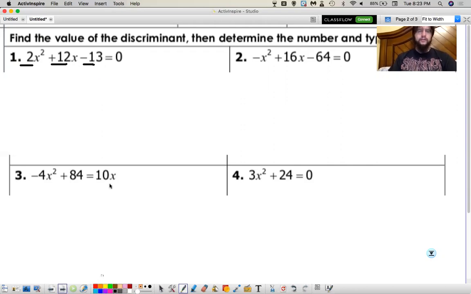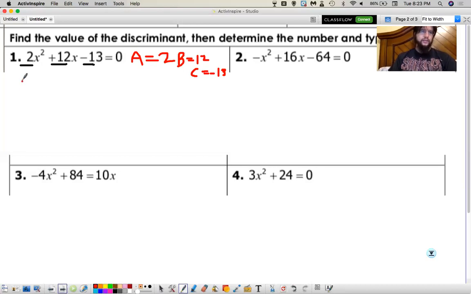From there, you know, a is 2, b is 12, and c is negative 13. Make sure you watch your signs. Also watch your signs whenever you're plugging numbers into the formula. Regardless of the formula, whenever you're plugging in numbers, put your numbers in parentheses. Then type it in the calculator, just as you see it.